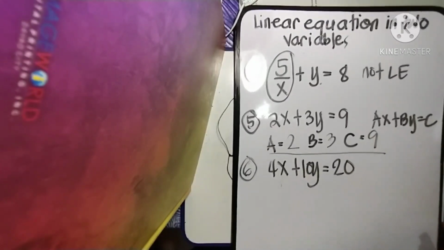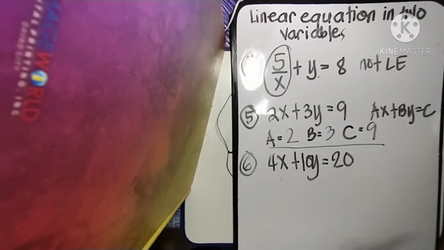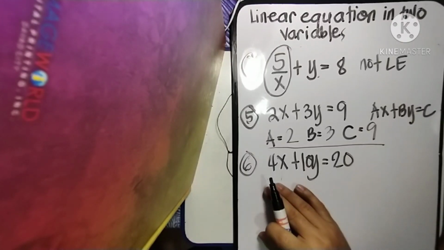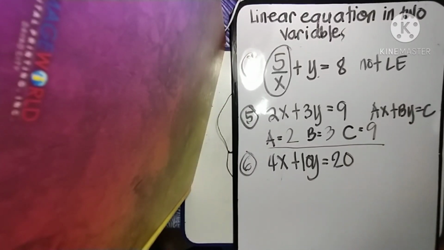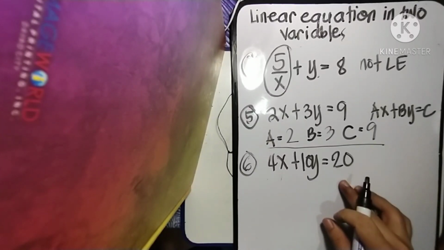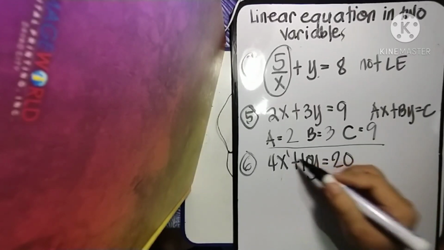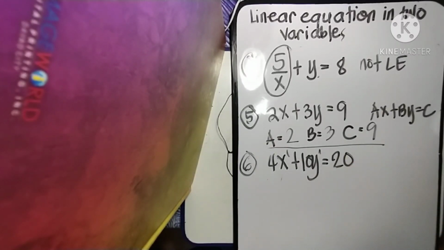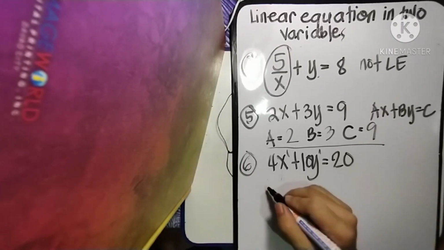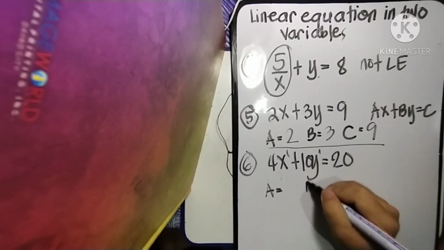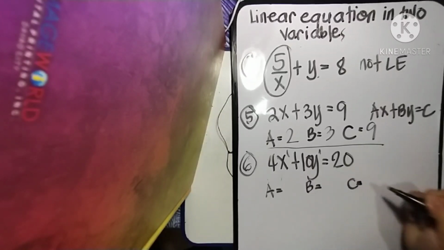So, let us proceed with example number 6, given by 4x plus 10y is equal to 20. Okay, so, we are given two variables, x and y. Okay, then the degrees of the variables are all equal to 1. So, therefore, this is an example of a linear equation in two variables. So since this is an example of a linear equation in two variables, we can now identify values of a, values of b, and also values of c.